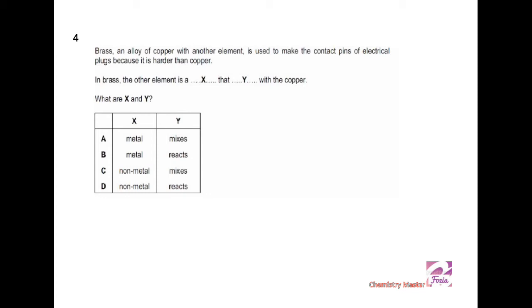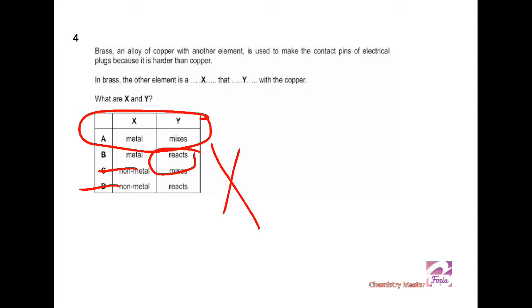Look, an alloy is a mixture of metals, solid metals, and whenever we make mixtures, the components do not react, they only mix together physically, and an alloy is a mixture of metals, not non-metals. So option C and option D are omitted. Now you have to see in option B what is wrong. They react. They do not react, but they only mix together.